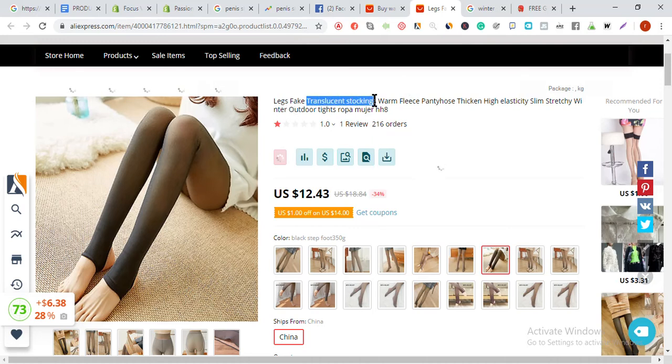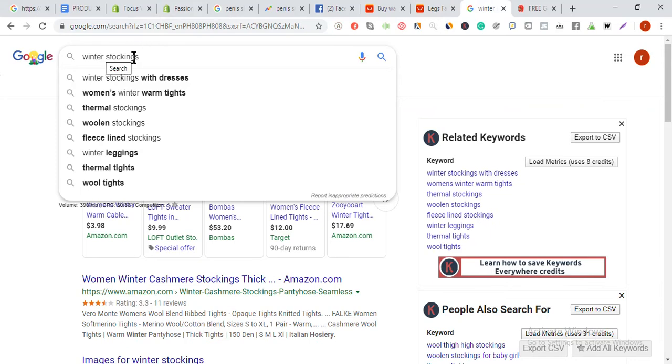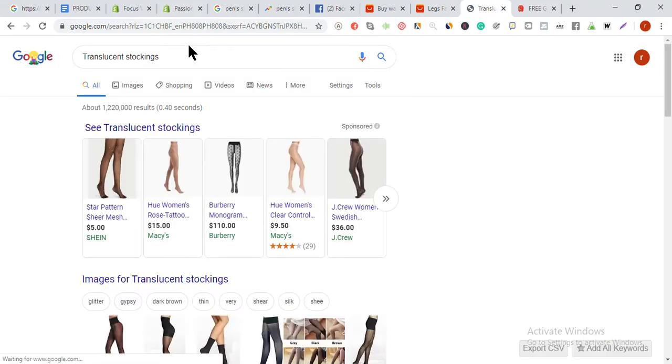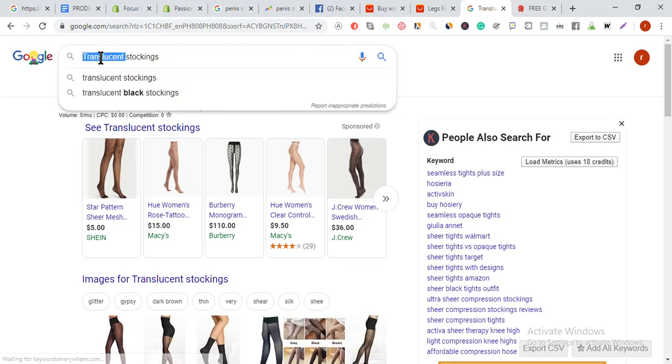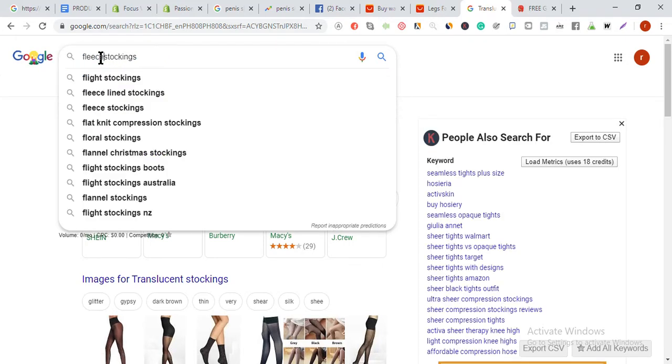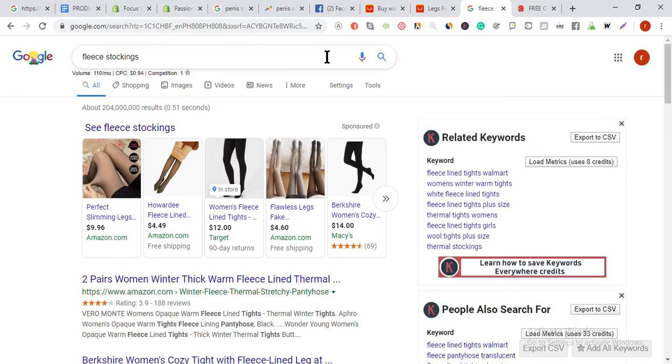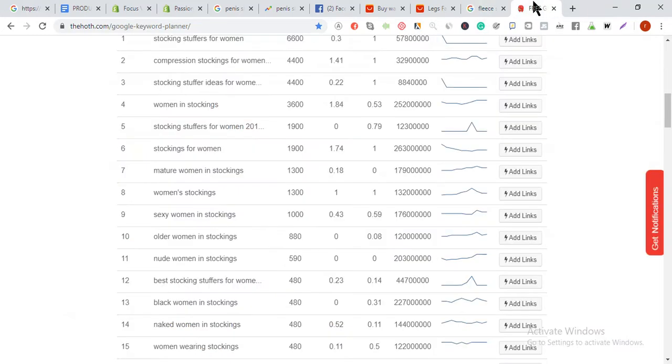Maybe this one. Or fleece. Let's check it out. No, not this one. Winter stockings. It's too low. Hold on.